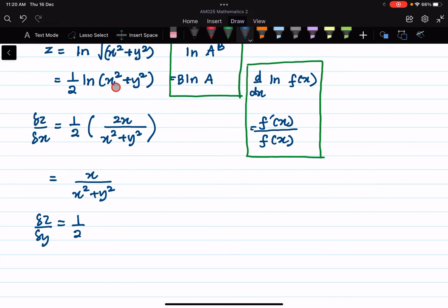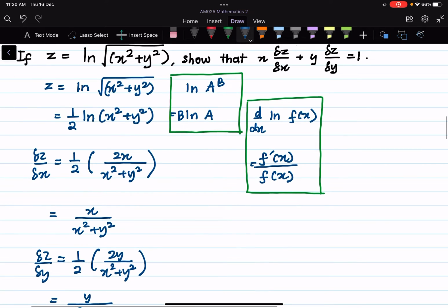Differentiate x squared with respect to y: x squared is a constant, differentiate constant is 0. Differentiate y squared with respect to y is 2y. Divide with, copy down, x squared plus y squared. So let us simplify. 1 over 2 times 2y is y, divide with, copy down, x squared plus y squared.